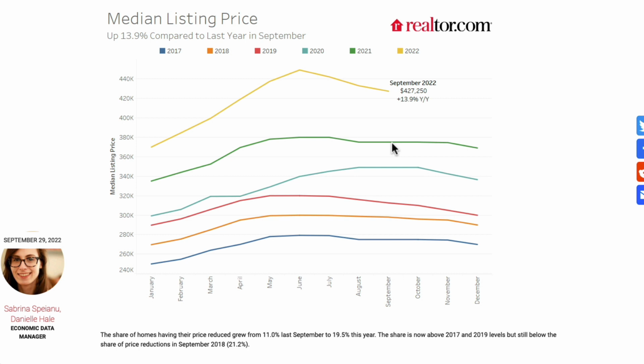Different markets may have their own particular features, but I don't know that these calls of 20-30% price drops make a lot of sense right now.